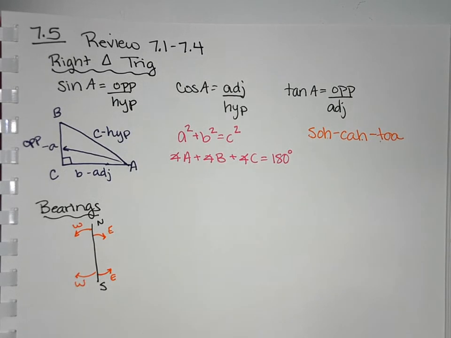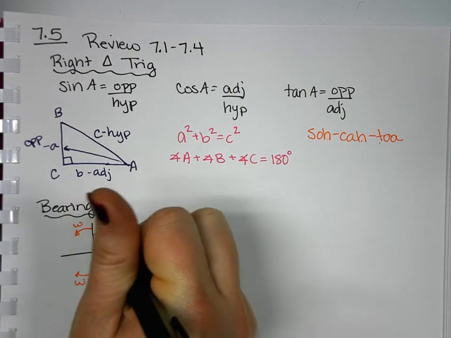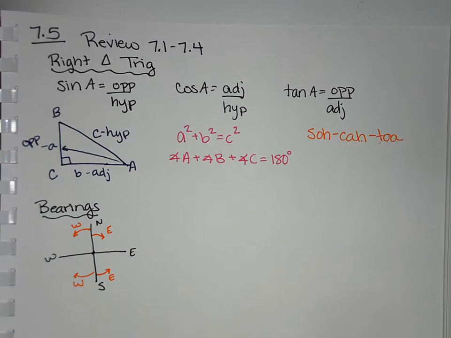And it's all dependent upon what the problem tells us. But we also have, if you want to draw your east-west axis, it helps us determine a quadrant or a direction from a north-south line.